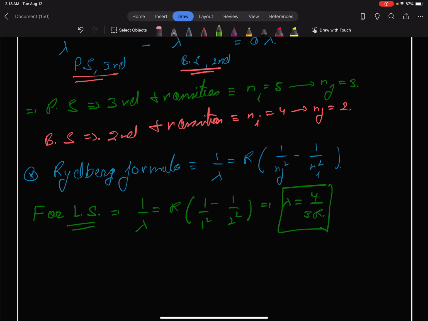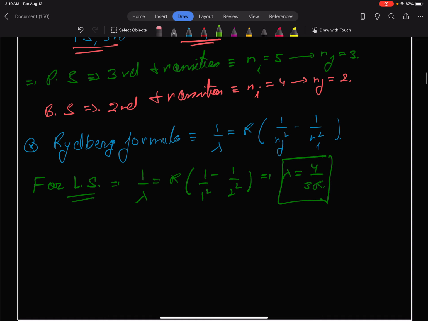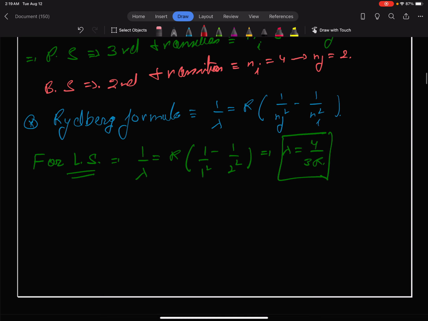Similarly, we are going to solve it for the Paschen series as well as the Balmer series. For the Paschen series, 1 upon lambda p is equal to R times (1 upon 3 square, that is 9, minus 1 upon 5 square, that is 25).